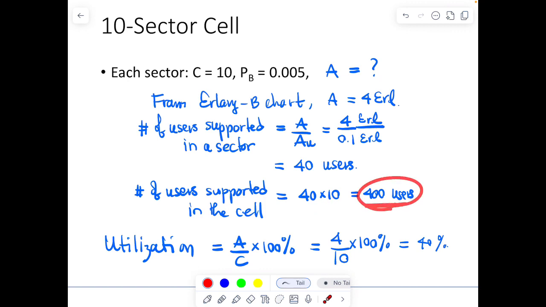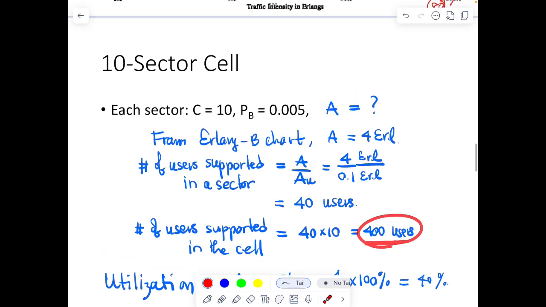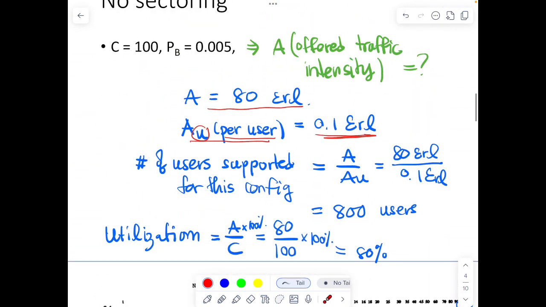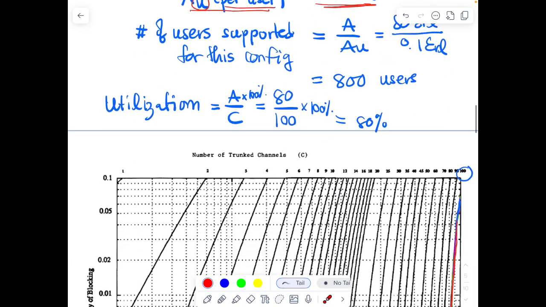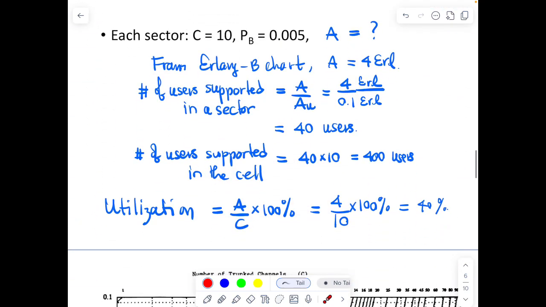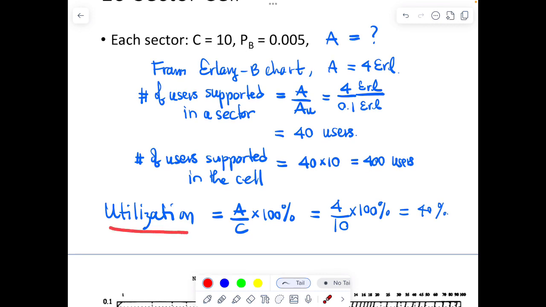If you compare this with the number earlier where there's no sector, we can support more than double, right? So that's 800 users. And when you do 10 sectors, it's only 400 users, right? And the utilization is only up to 40%.